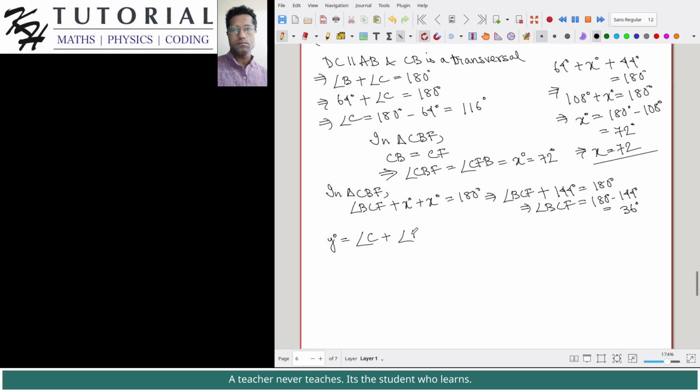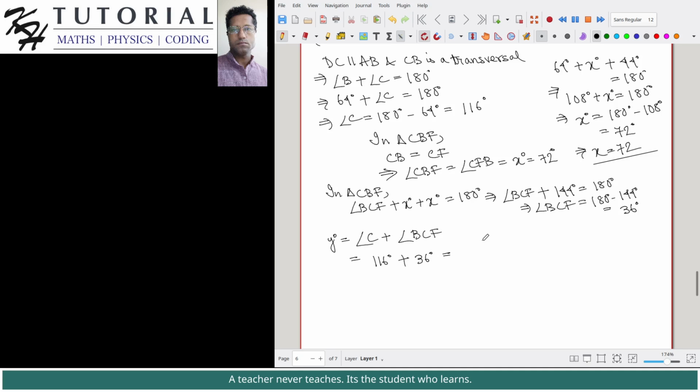Angle C we know is 116 degrees, and BCF we have already found to be 36 degrees.